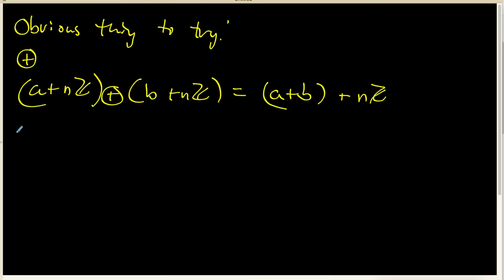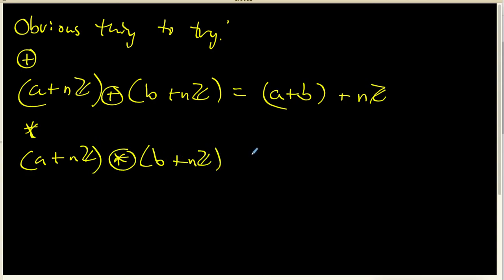And likewise, the obvious thing to try for multiplication is a plus nZ times b plus nZ being equal to a times b plus nZ.